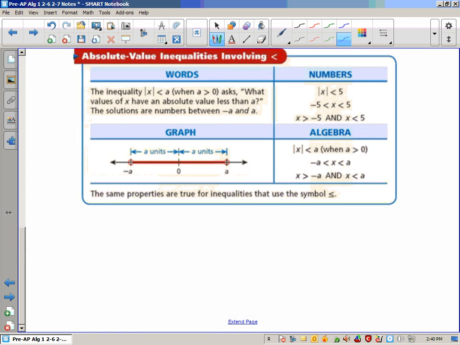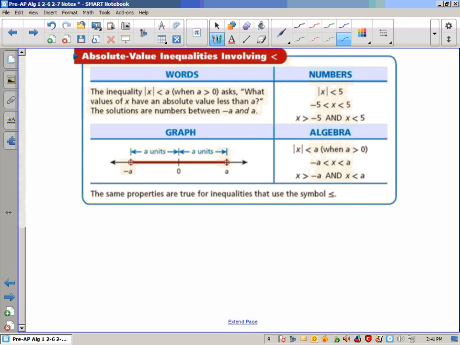So the top part is talking about the process. So in this very simple case, absolute value less than 5, we're going to have a compound inequality where I have negative 5 on the smaller side, 5 on the bigger. And then on the number line, I'm looking for the two numbers that are less than a certain unit away from 0.